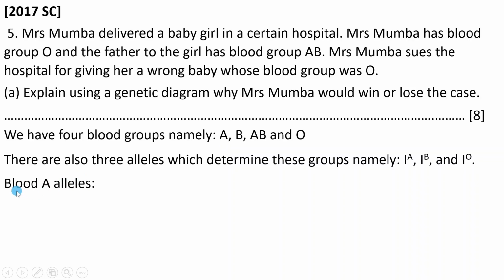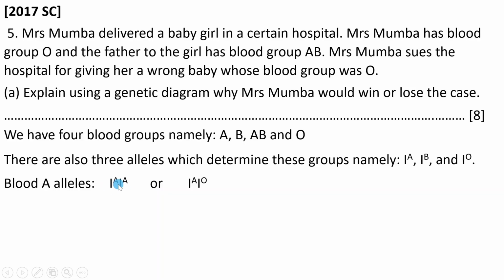So for example, for someone to have blood group A, either the alleles are AA, two of them, or the person has A and O. So this is homozygous blood group A. This is heterozygous blood group A, meaning we have two different alleles, heterozygous.